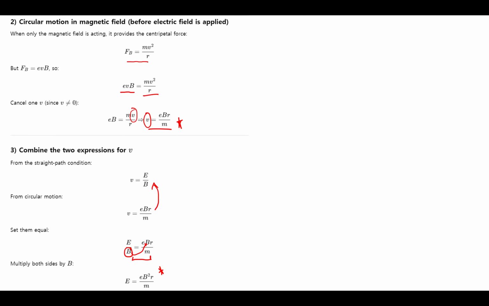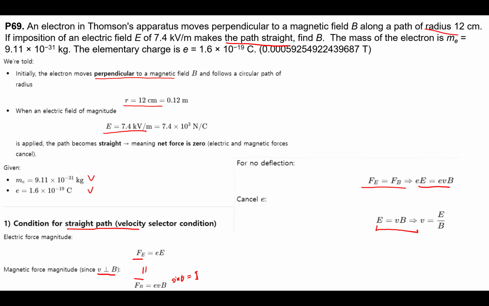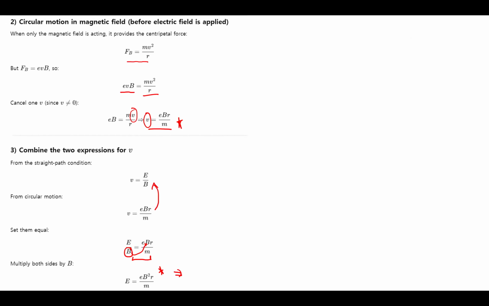you can find from this relationship. Eventually, we want to find the magnetic field. In this case, B squared is mE over eR, so we can find B as the square root of this.